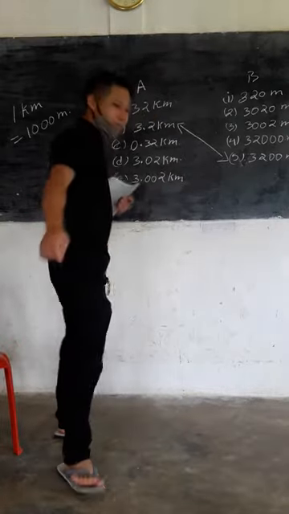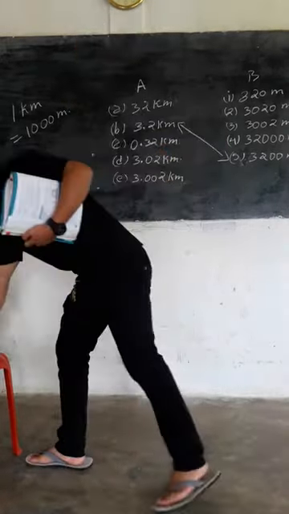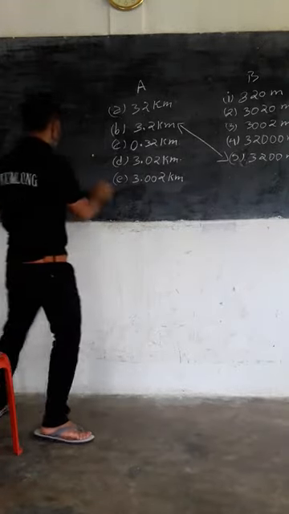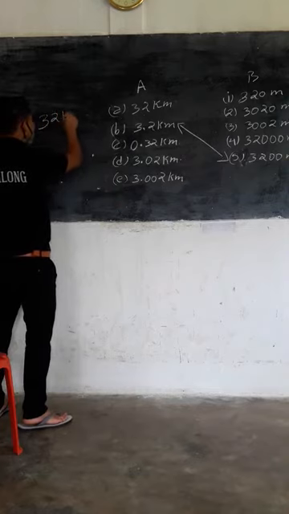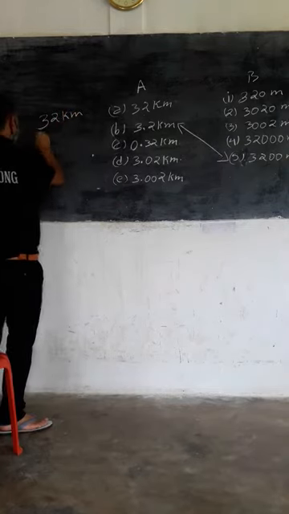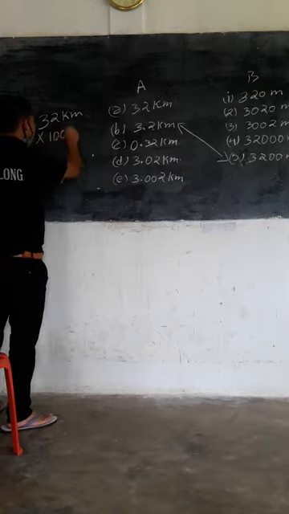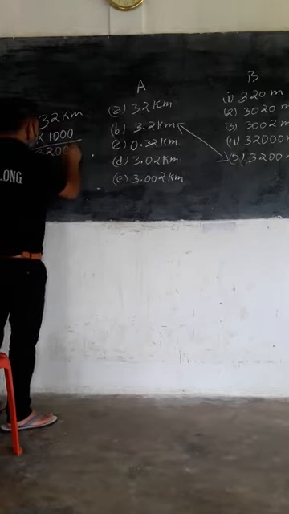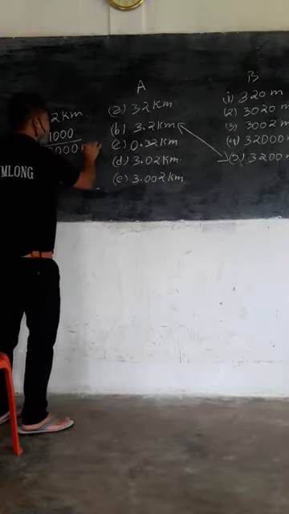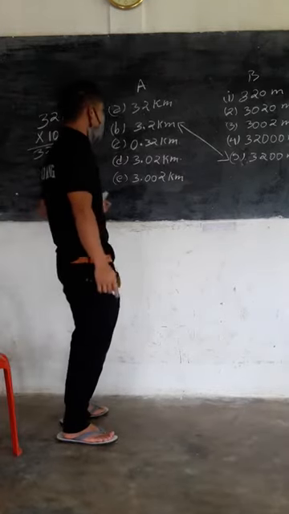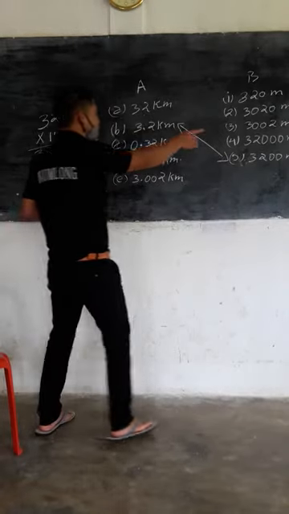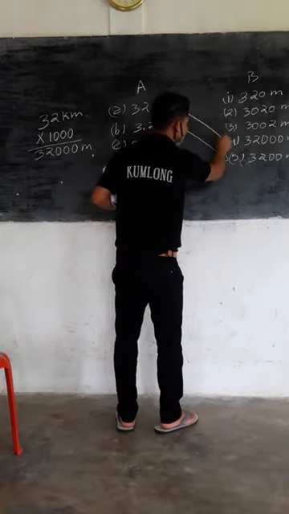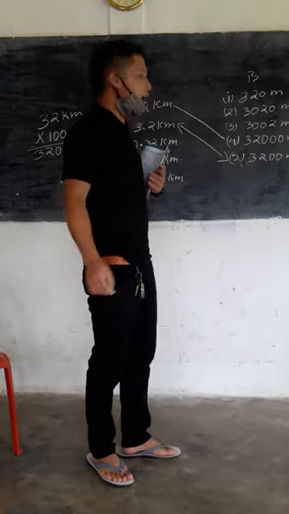The first one, 32 kilometer. We will convert this kilometer into meter by multiplying by 1000. So the answer will be 32000 meter. So question number A answer is which one? This one, number 4.